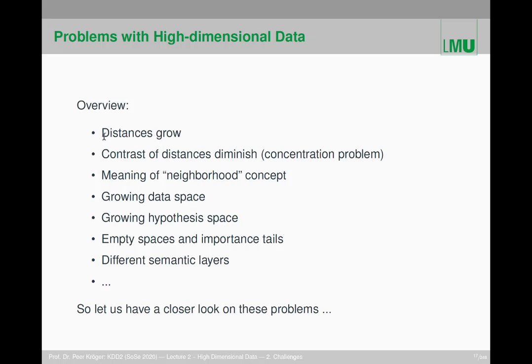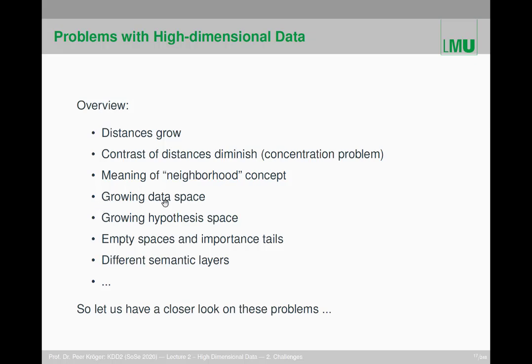We will see that distance grows. Sounds trivial, but what is the consequence? The consequence is that the contrast of distances diminishes. The so-called concentration problem follows from the distances that grow. Another consequence is that the neighborhood concept will be deprecated, it will be meaningless.